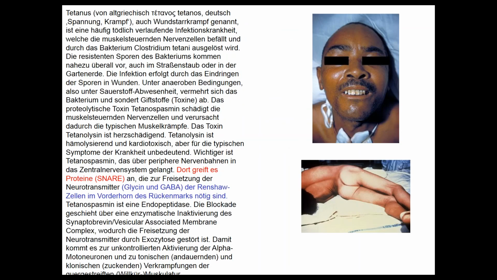Because to my knowledge, at least the issue was reviewed in Science several weeks ago, the vaccine against tetanus confers resistance for life. So we don't need to see this anymore.